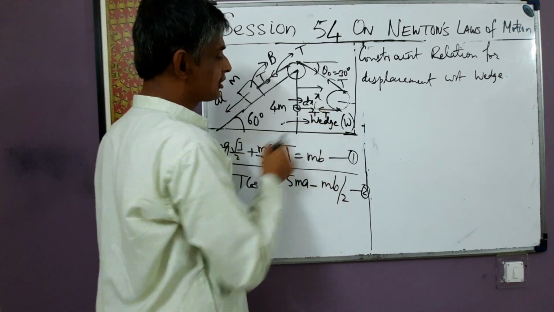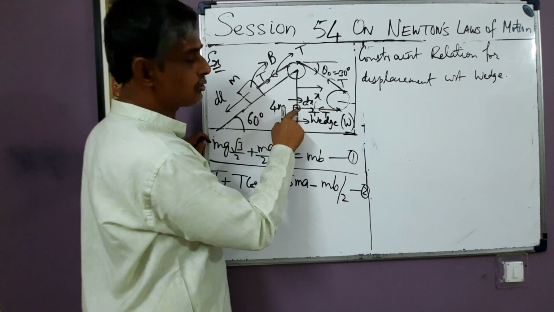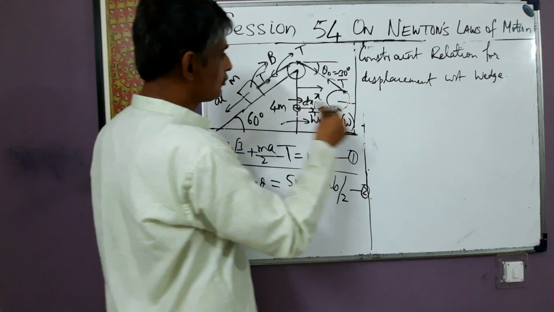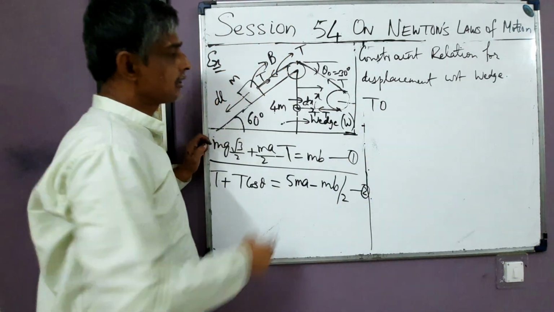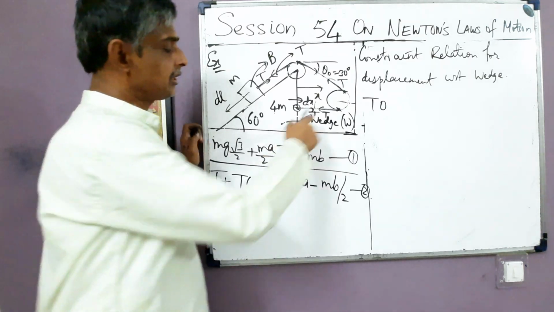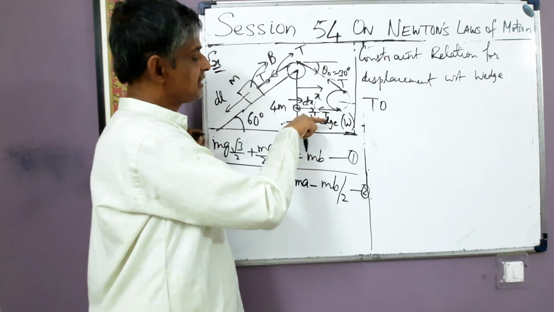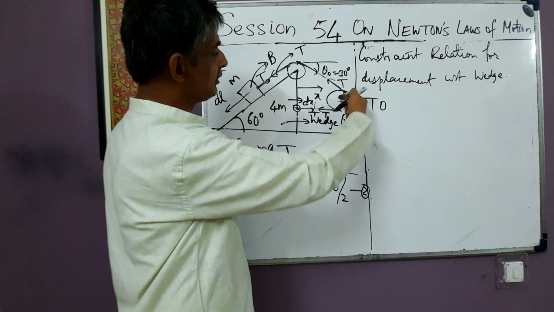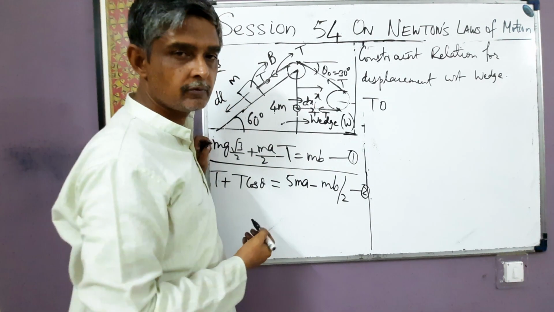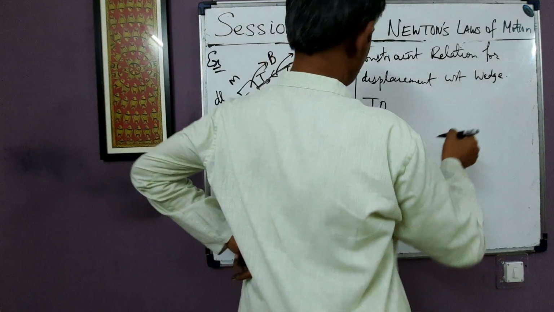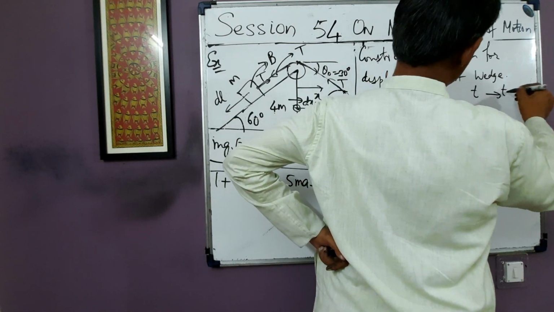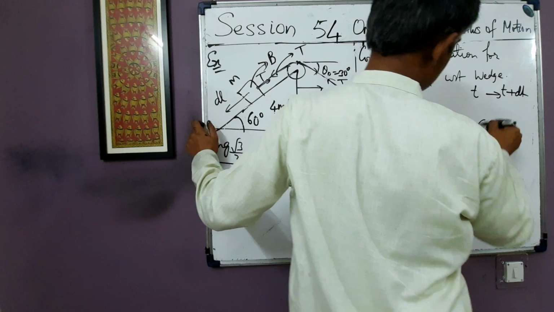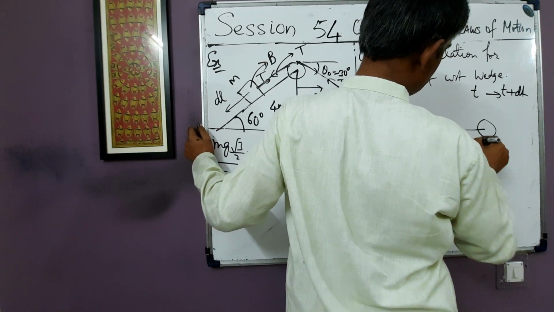See, T acts in this direction, and with respect to the wedge, this point has 0 displacement because this point is fixed with respect to the wedge. So we write here T into 0. Now come to this pulley. This pulley is fixed in the ground and the wedge is moving rightward by dx with respect to the ground. So with respect to the wedge, in time t to t plus dt, this pulley will be moving leftward by an amount dx.